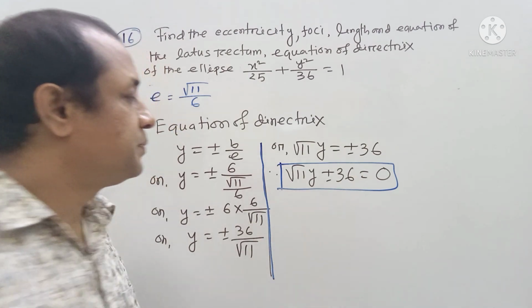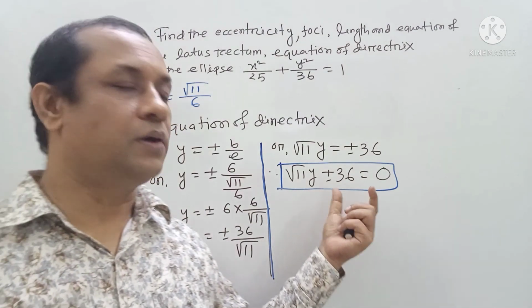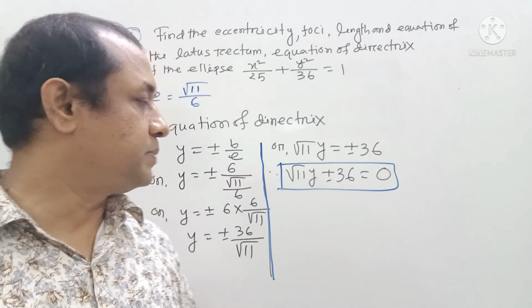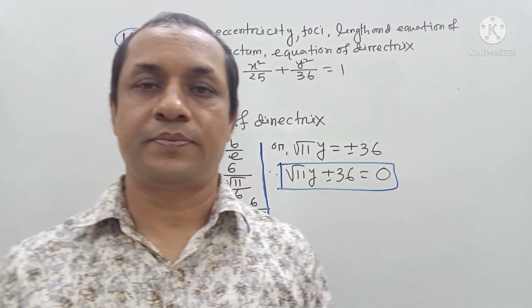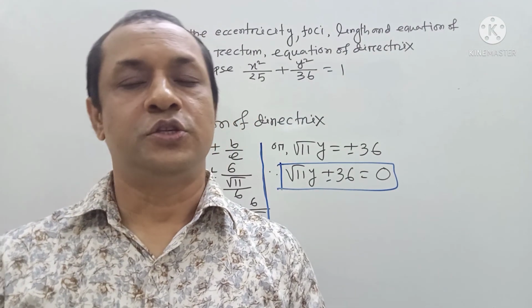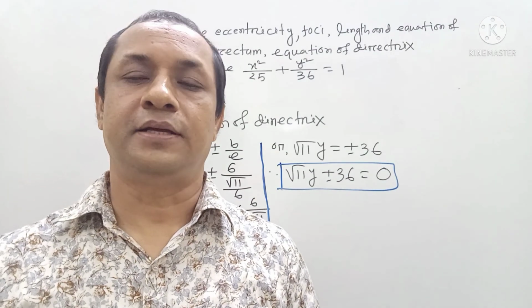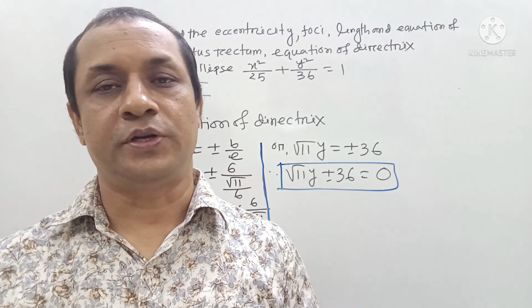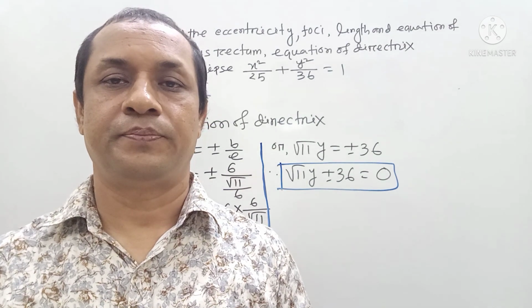So student, record the equation of directrix: root over 11 y plus minus 36 equals 0. I hope that you are clear. It's a very important question for your examination.